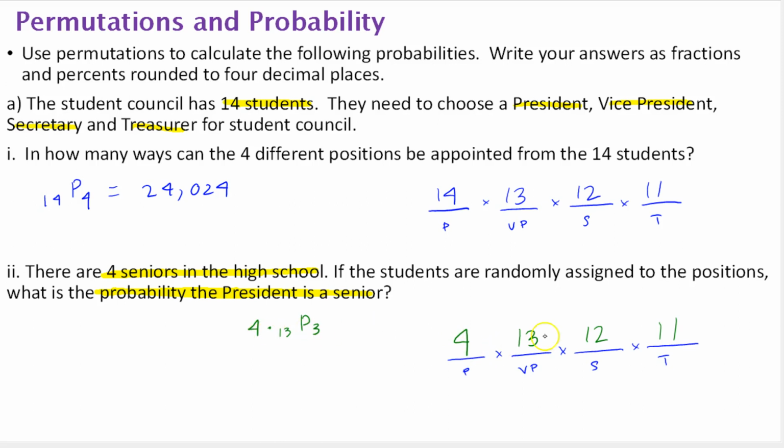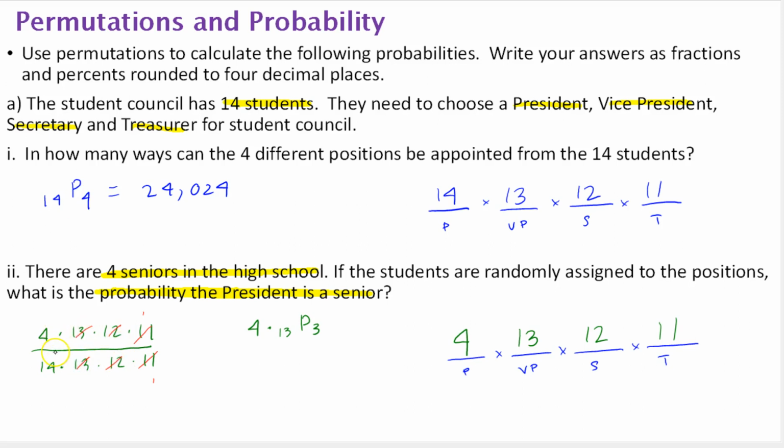Now, let's write this out as a ratio. So we have 4 times 13 times 12 times 11 over, instead of writing this, I'm going to write the factored form, 14 times 13 times 12 times 11. Now you can see a lot of these factors cancel. The 11s cancel, the 12s, the 13s.